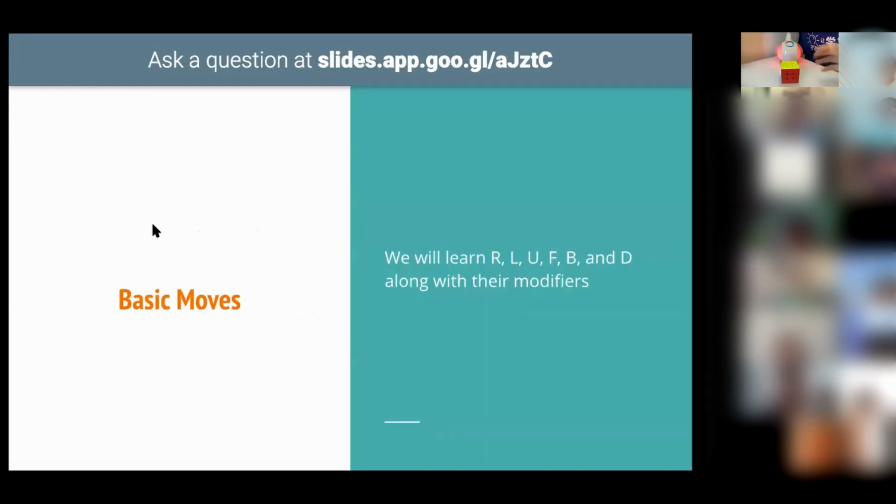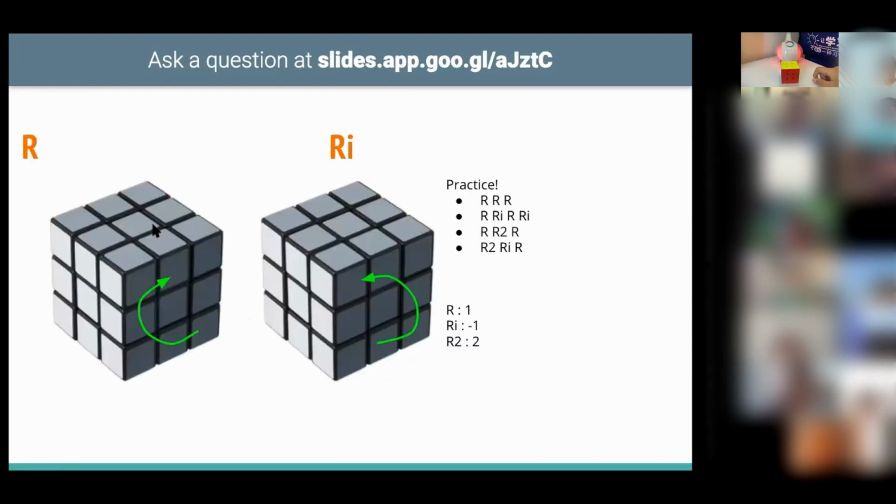Now we're going to go in depth into what the basic moves look like. First we have R. R is short for right side. If you're looking at the cube like this, and very important to note, the colors that you're looking at don't matter. You could turn your cube around like this, and from your perspective, the right side is this slice over here.